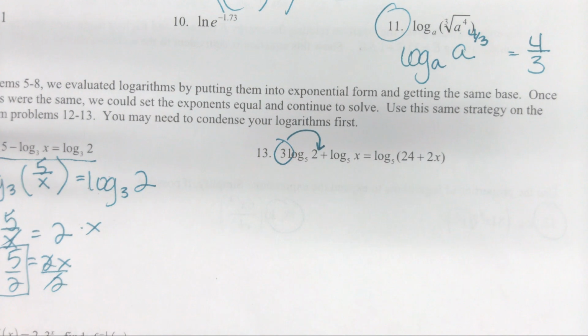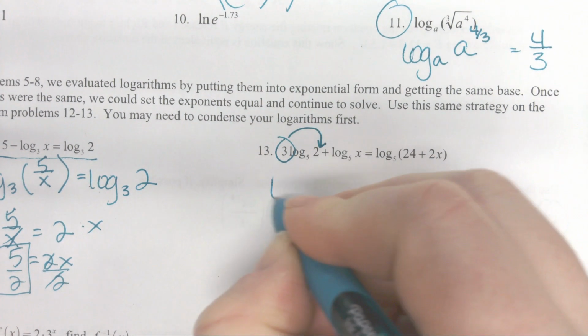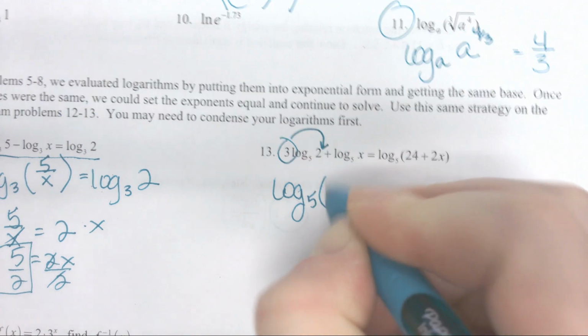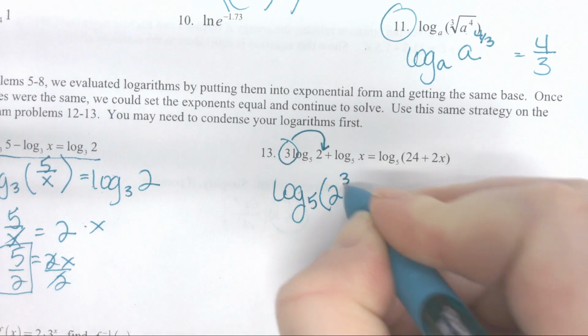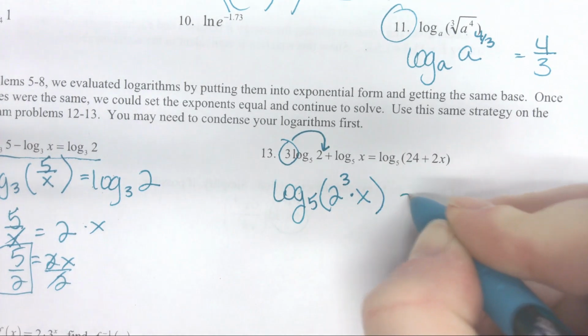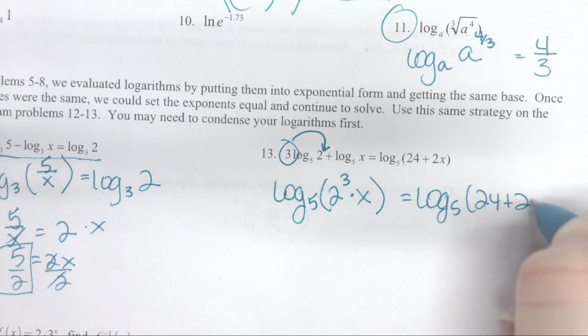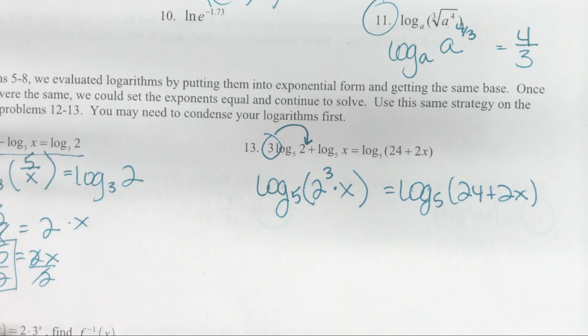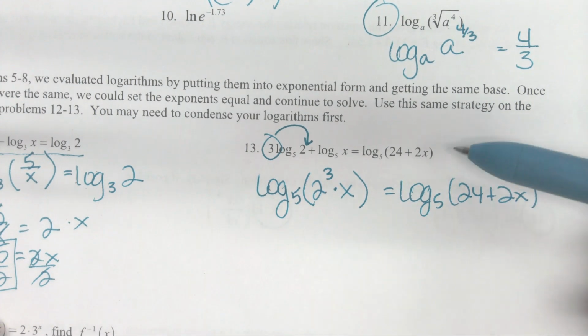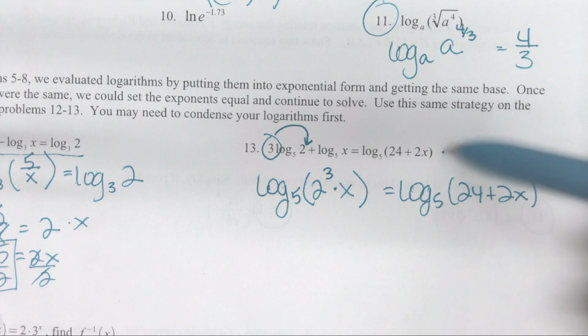Okay, so I'm going to condense this. This would be log base 5 of 2 cubed times x equals log base 5 of 24 plus 2x. Notice I am not doing anything on the other side. There's no property I can use here because it's already a single logarithm.